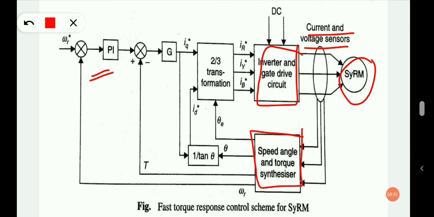One is the constant direct axis current control scheme, and second is the fast torque response control scheme. The fast torque response control scheme is used for getting fast torque response.